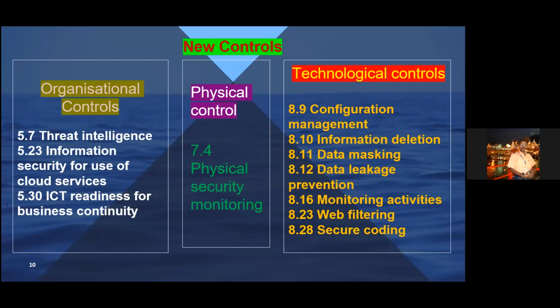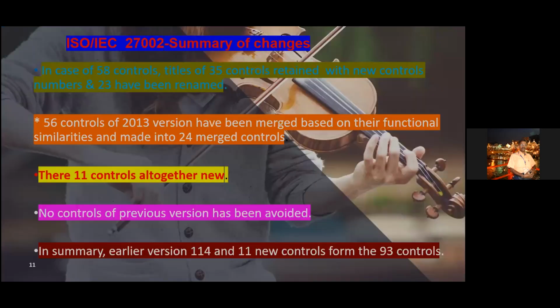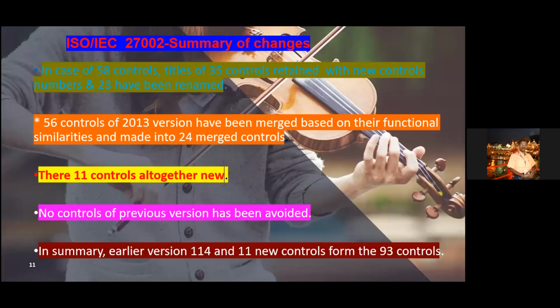This time, in this version, special emphasis was given to incorporate the controls related to the new technology coming up, cloud usage and privacy requirements. That's why this new version emphasizes privacy and cyber security.